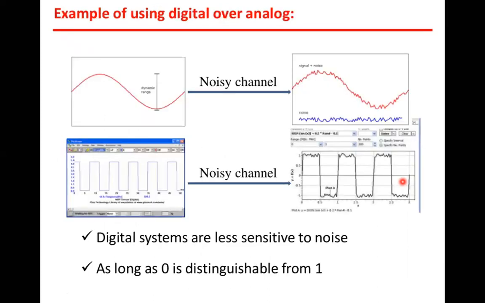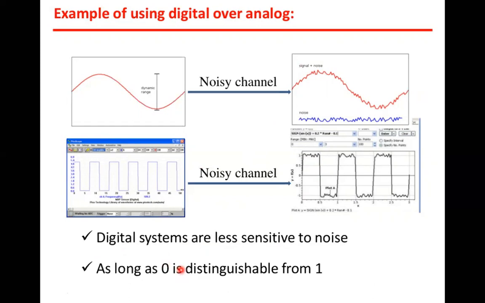If you see this, an example of using a digital over an analog. This is an analog signal over a noisy channel, so you can see the signal plus noise. You can very clearly see that there is a signal, but it includes noise. Whereas digital systems are less sensitive to noise, as long as 0 is distinguishable from 1.